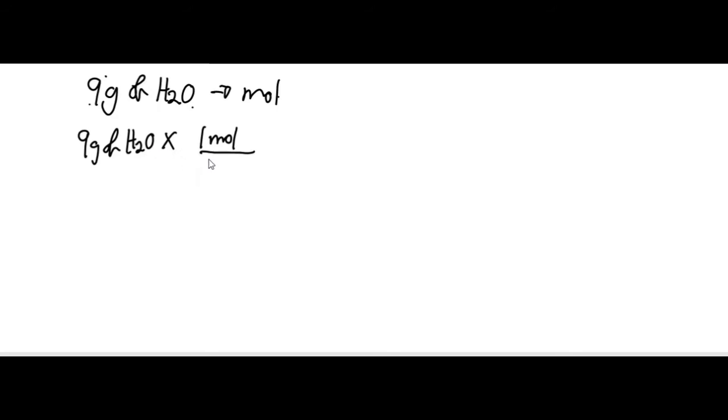So the molar mass of water is 18. So we have to divide it. So 9 divided by 18, that's 0.5. 0.5 mole. And that would be our final answer.